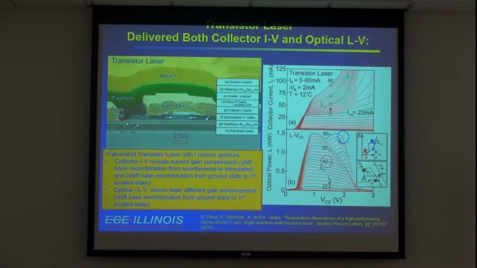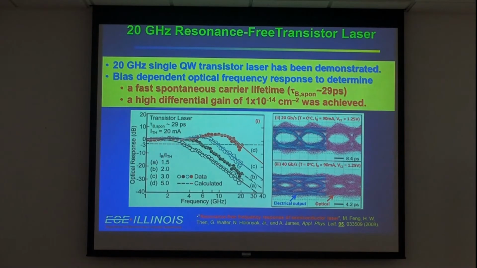So that means for this transistor laser, you are not only detecting the light output from this phase, but you can also extract the information from the collector side, I mean the electrical signal. So this is the state of the art of our transistor laser.